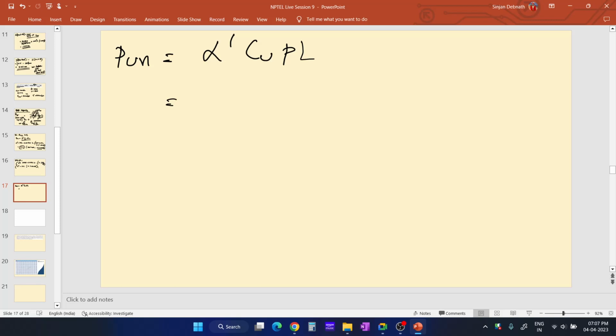Alpha dash is 0.4, and undrained cohesion, how much is the undrained cohesion? It is 100 kPa. And what is the perimeter of the pile? It is pi into d, the circumference of the pile, where d is the diameter of the pile, which is 0.5 meter. And the length of the pile, L, is how much?